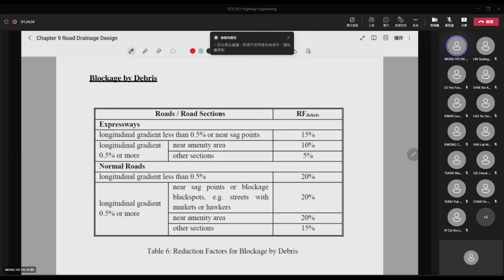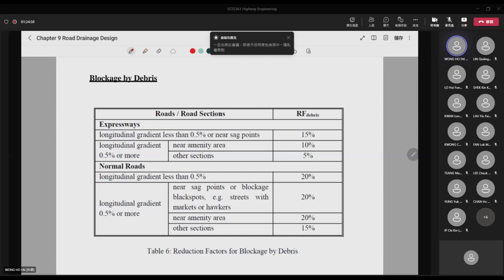Like other areas, it is 5%. But it depends on the number of people or probability of people that will arrive at those kinds of areas. If you have fewer people accessing those kinds of areas, then we can use a smaller reduction factor for debris.